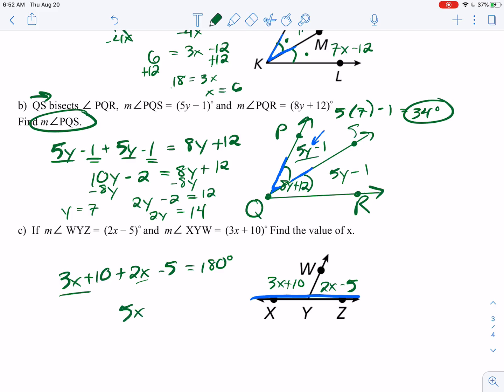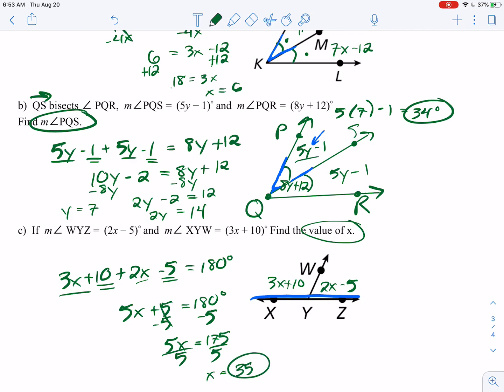Combine like terms. Isolate your variable. And we are not plugging anything back in here because it just says find the value of x, so we're done when we get x by itself using inverse operations. 35. If the problem asks for the measure of angle XWY, just plug it back in. Okay? If we're just asking for the value of x, that's all the work we need to show.